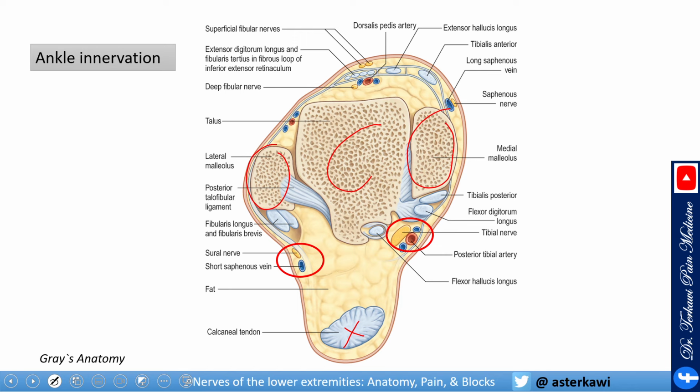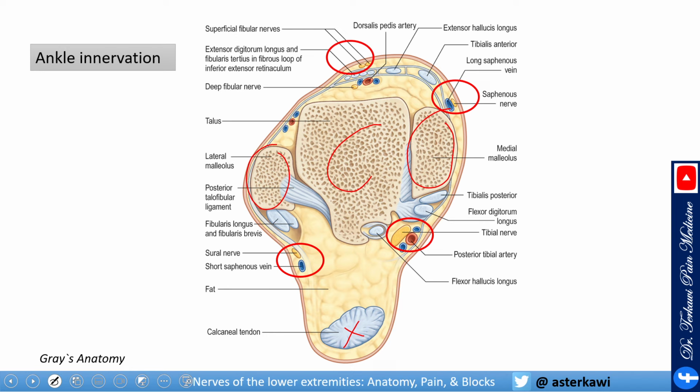You cannot miss that nerve. It runs with the posterior tibial artery. This is why I spend time showing you the blood vessels, because they are very important landmarks. Then here, in front of the medial malleolus, you get the saphenous nerve, which runs with the long saphenous vein.